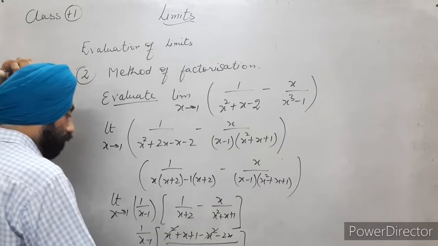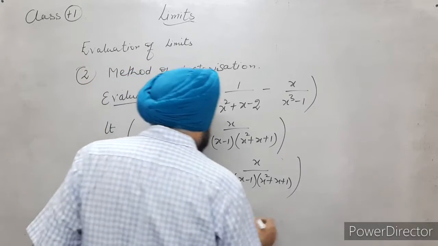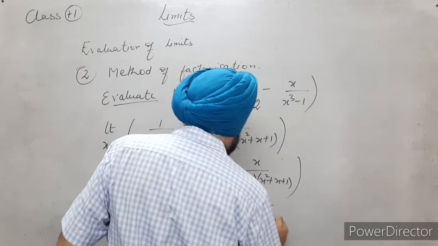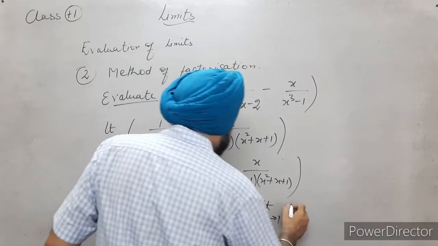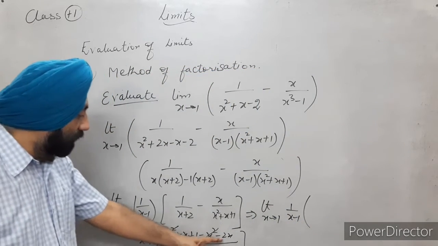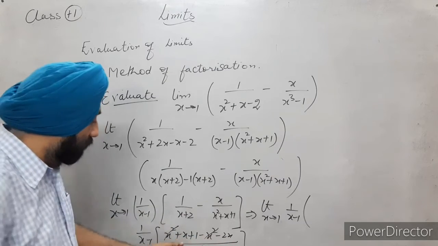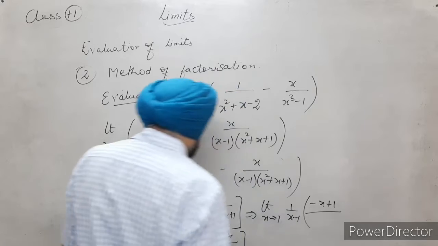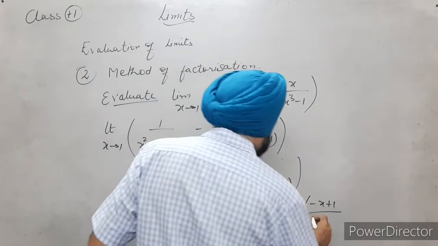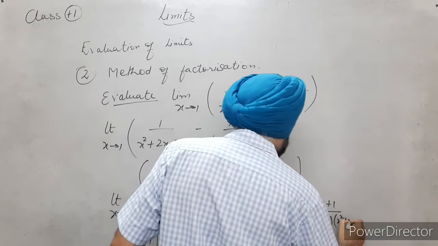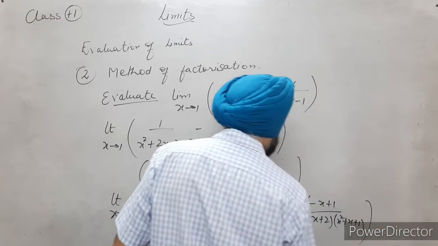Now x minus 2x is minus x, plus 1. So the limit becomes 1 upon (x minus 1) times (minus x plus 1) divided by (x plus 2)(x square plus x plus 1).